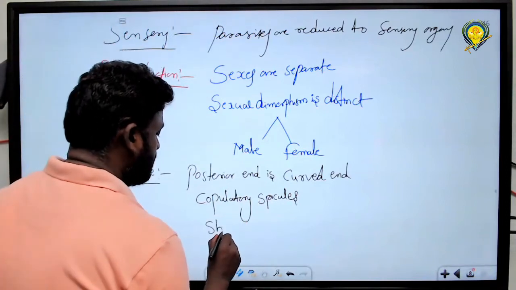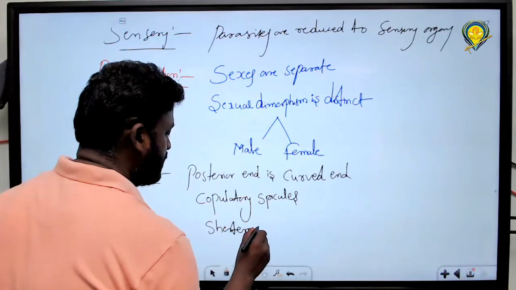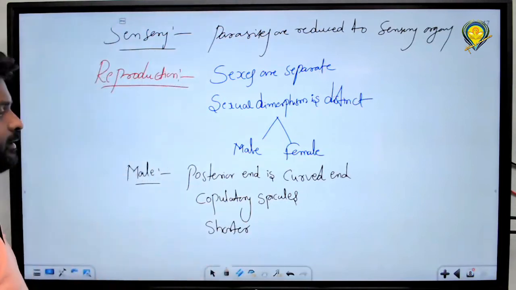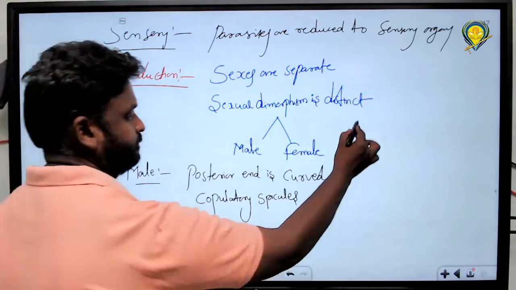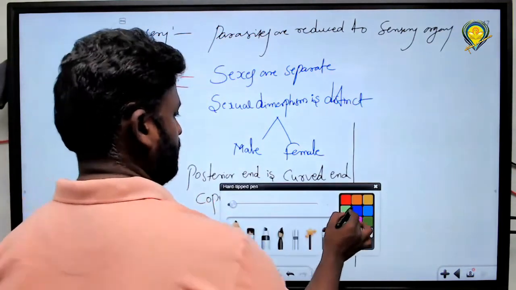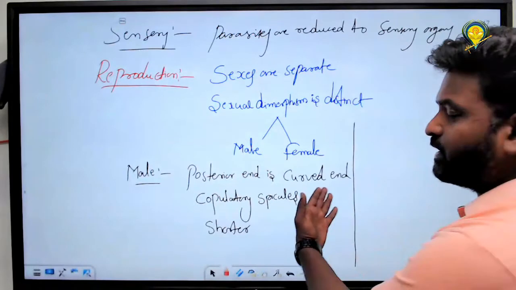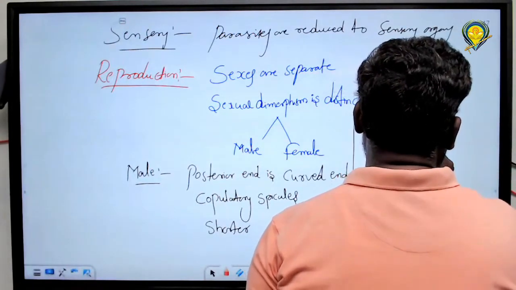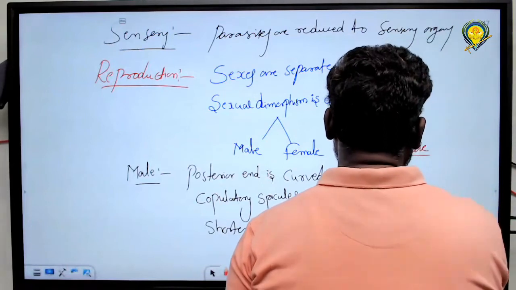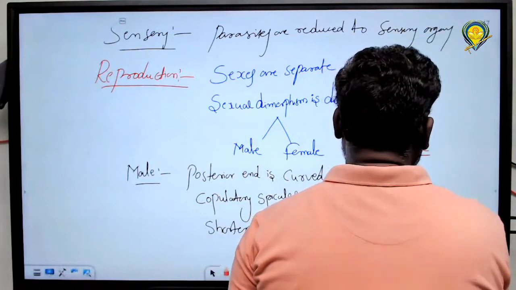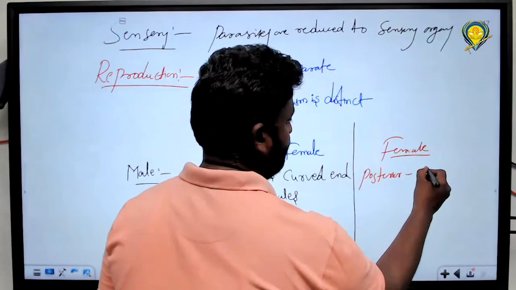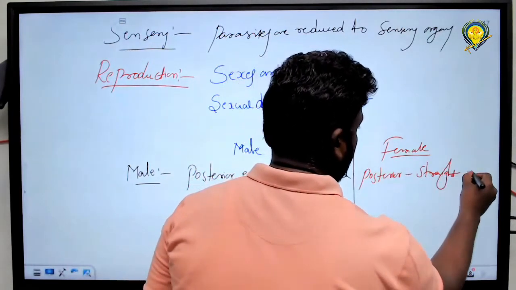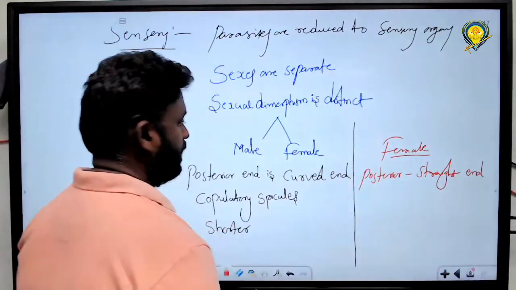Next one, another one. Shorter or longer? Shorter. Then what about the female? Is the posterior end straight or curved in the female? Straight.